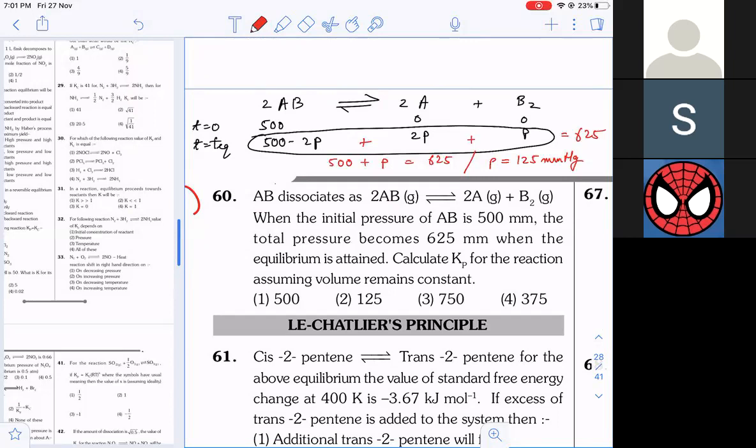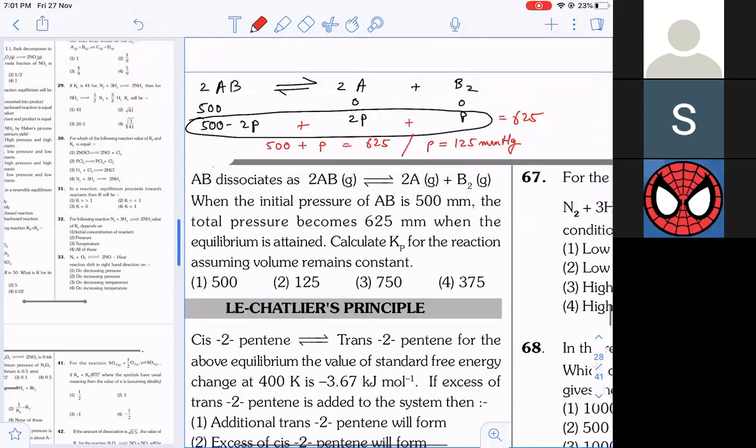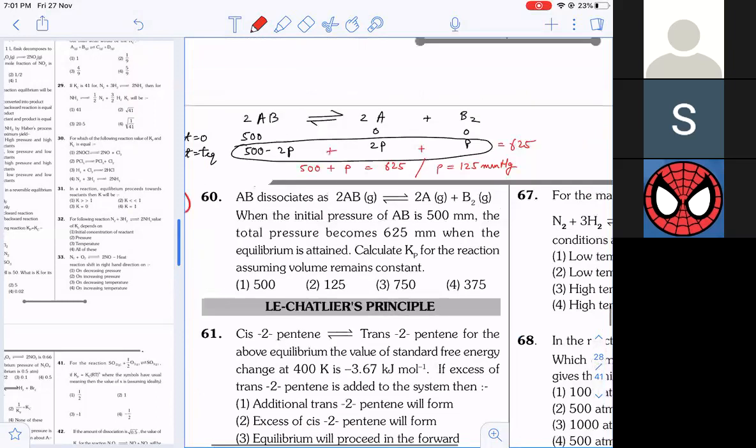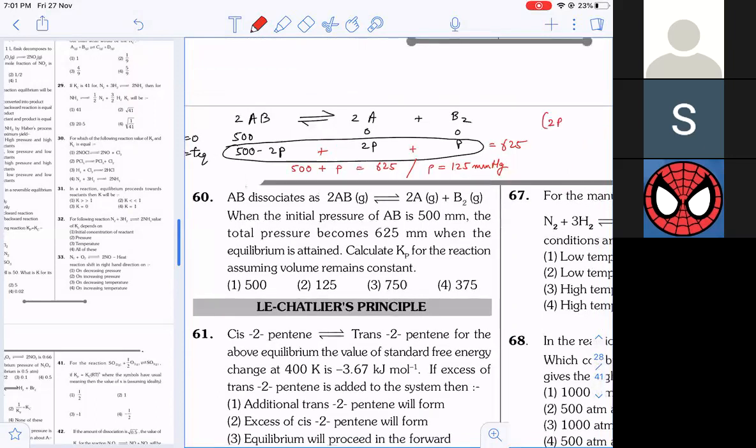Now only the Kp is required. Kp can be calculated very easily, isn't it? So Kp would be (2P) whole square into P divided by (500 minus 2P) whole square. That's it.